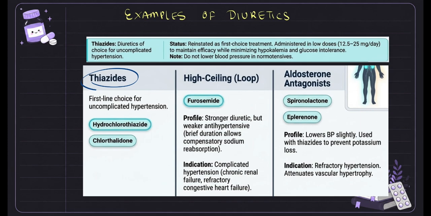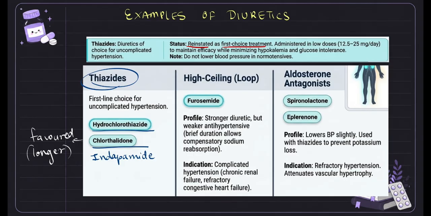Let's examine the specific medications in this class. First, we have the thiazides. This group includes hydrochlorothiazide, chlorthalidone, and indapamide. Chlorthalidone is often favored. It lasts much longer in the body. Thiazides are reinstated as the absolute first-choice treatment for uncomplicated hypertension.